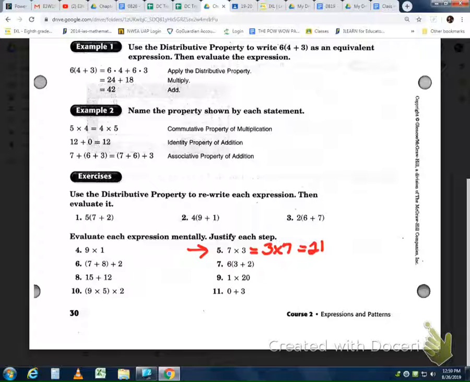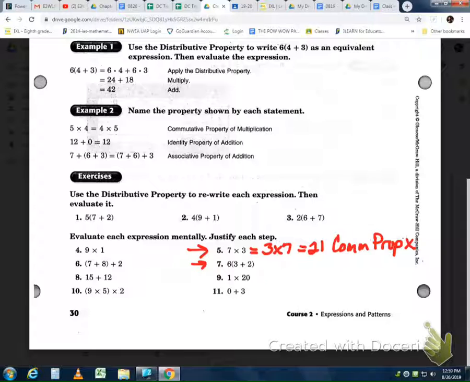It's only got 2 numbers, and we're switching them around. Associative has 3 numbers. So in either order, yes, commutative property. So I'm going to go COMM prop, and we're going to say multiplication. Commutative property of multiplication.